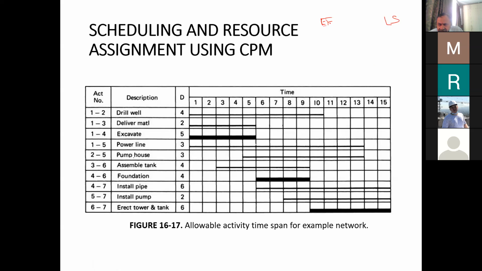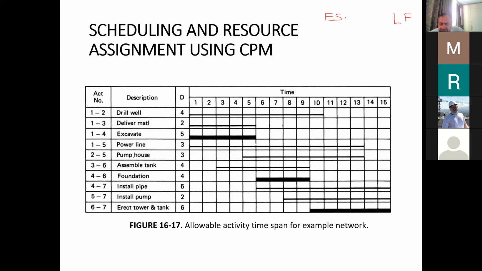Remember that if there is an early start, there will be an early finish as well. Sorry, let me say it again, I said it wrongly. We have represented all these activities between their early start and late finish.